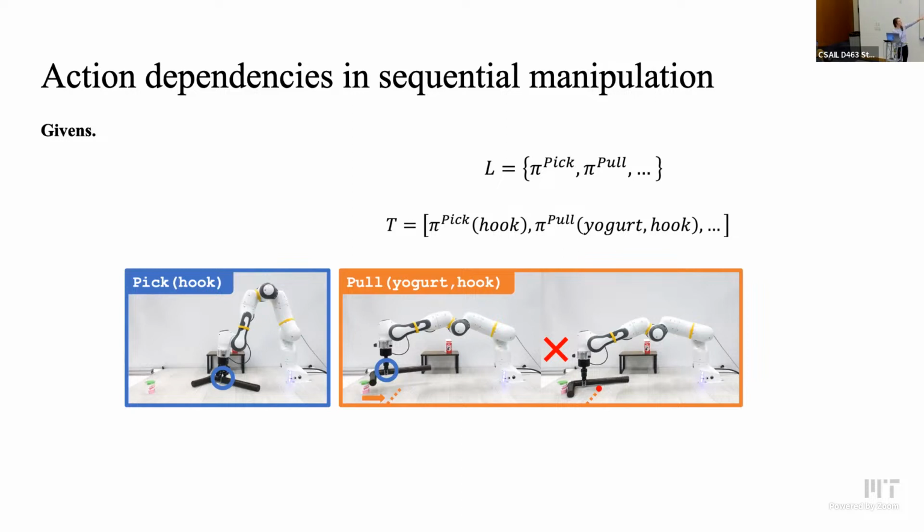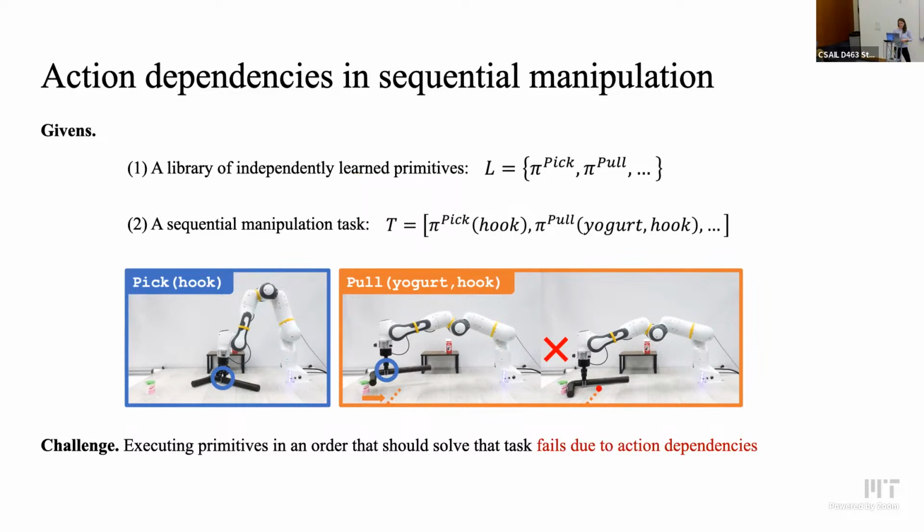So in the first skill, the robot actually has to pick up the hook in a certain way so that the next action, the pulling of the yogurt with the hook, actually works, right? So here, it just picked up the hook in the middle, which is probably the most stable grasp, but then it doesn't have enough reach for the next action, right? So it really matters how a skill is executed in the beginning of the sequence for whether the task will actually be achieved at all.